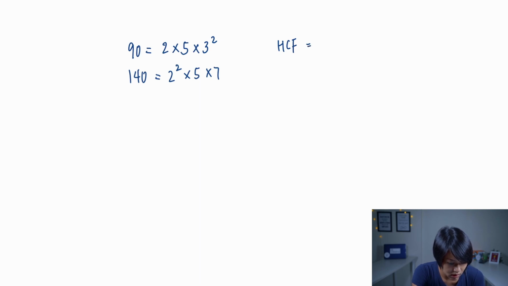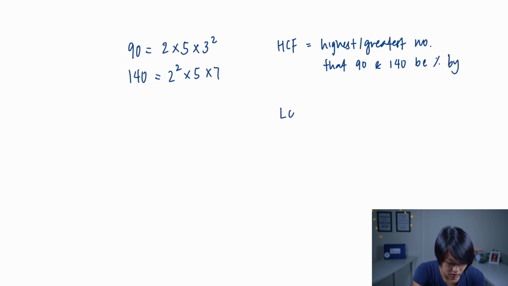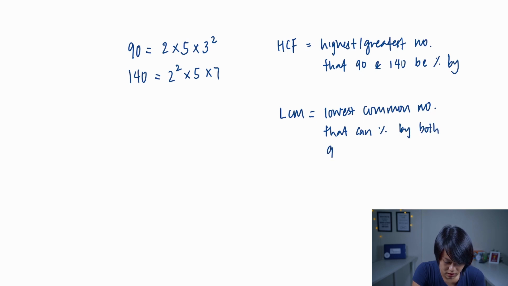Highest common factor is the highest, or greatest, number that divides both 90 and 140, whereas lowest common multiple, LCM, is the lowest common number that can be divided by both 90 and 140.